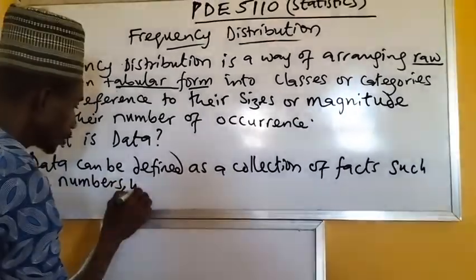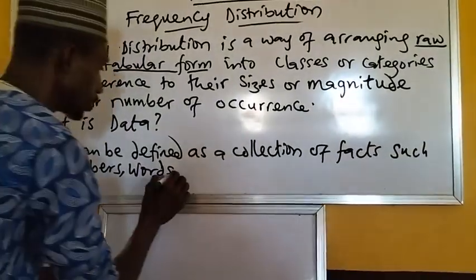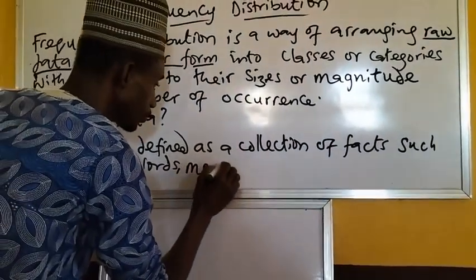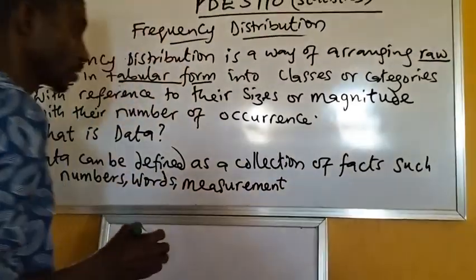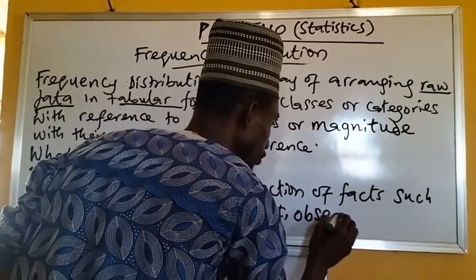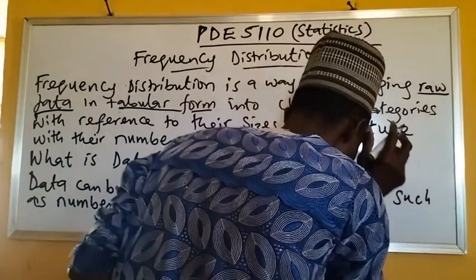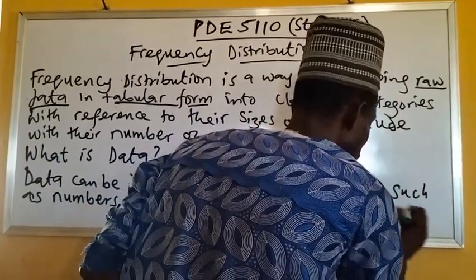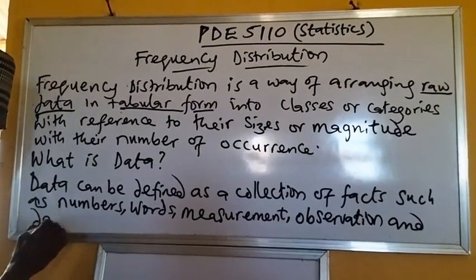It could be words. It could be measurement. It could be an observation. And description of things.